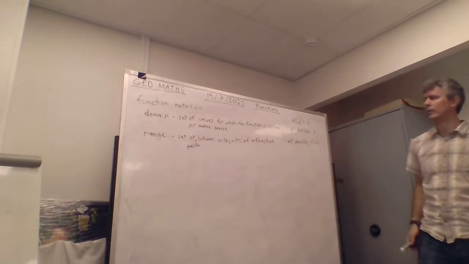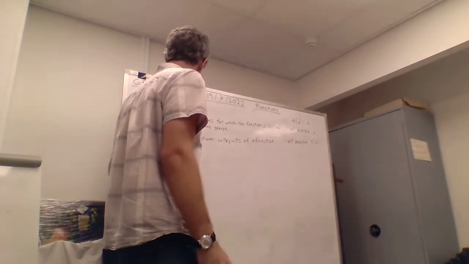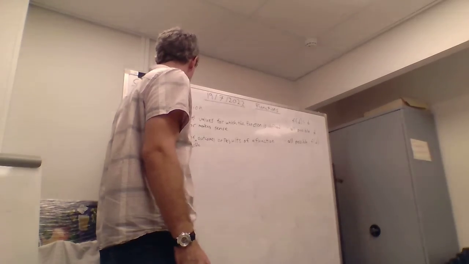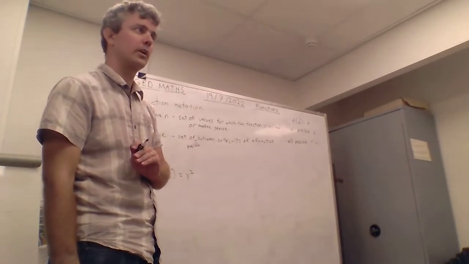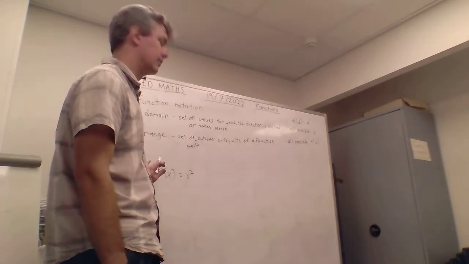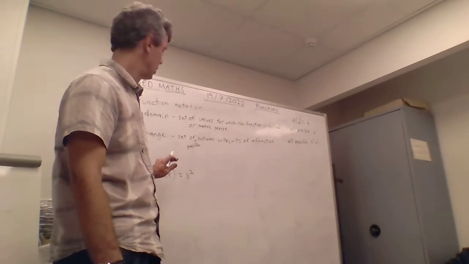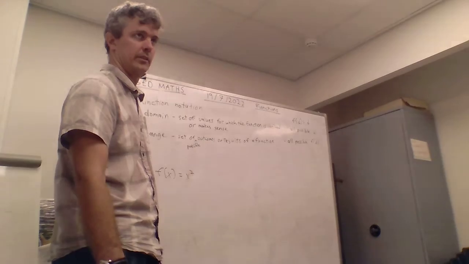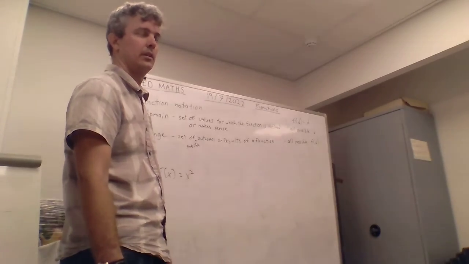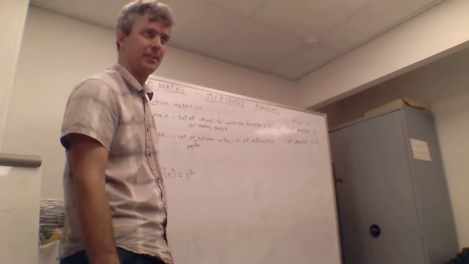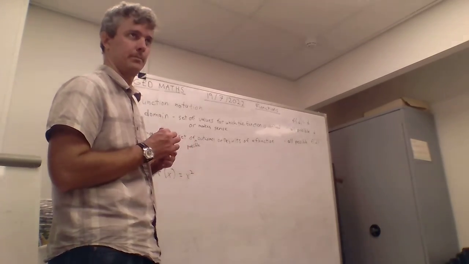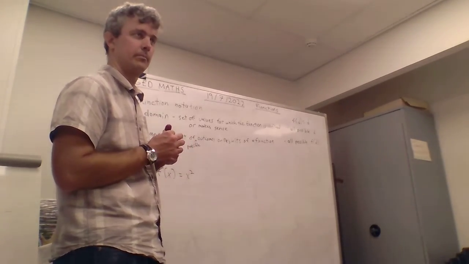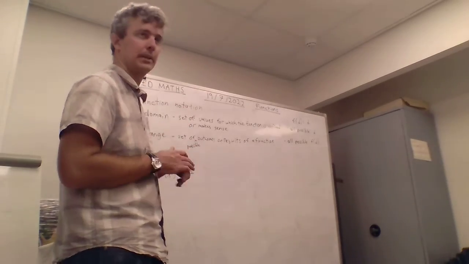So let's take another example. Let's say we do f of x equals x squared. Okay? What is the domain of this? What are the possible values of x here? Are there any numbers x cannot be that would make it undefined or make no sense?